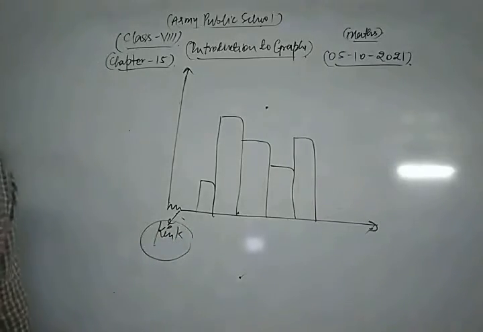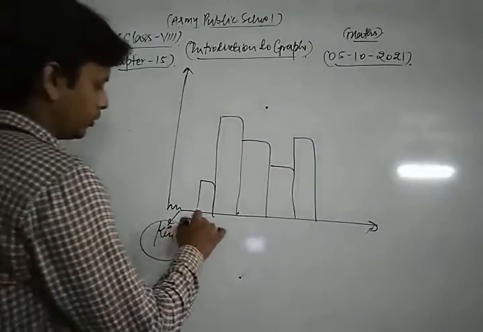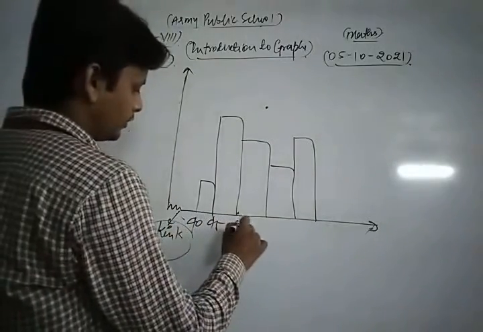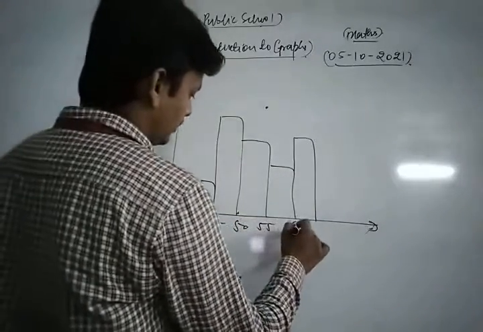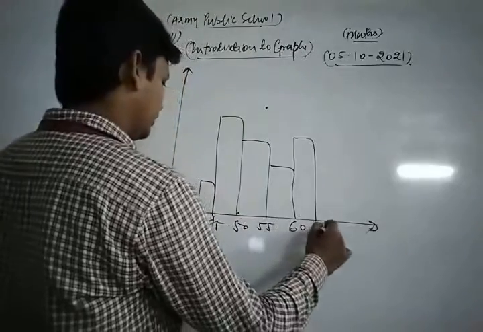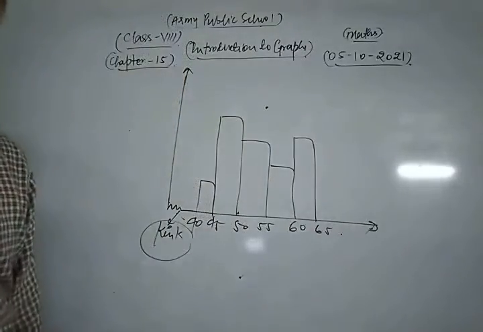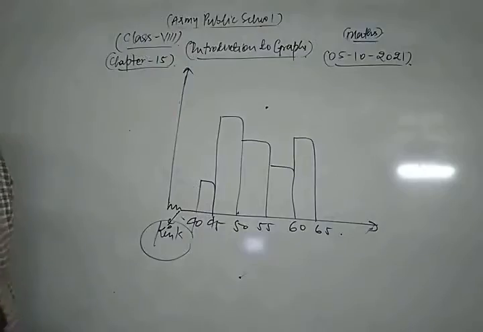Suppose we write 40, 45, 50, 55, 60, 65, and this is the weight in kg.